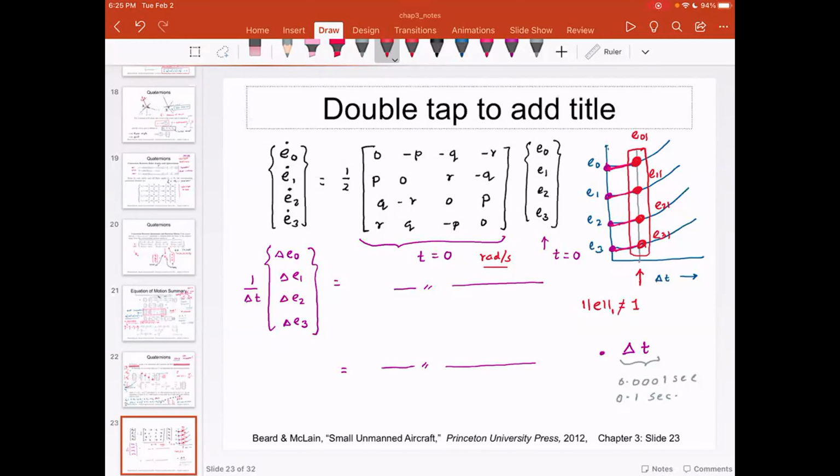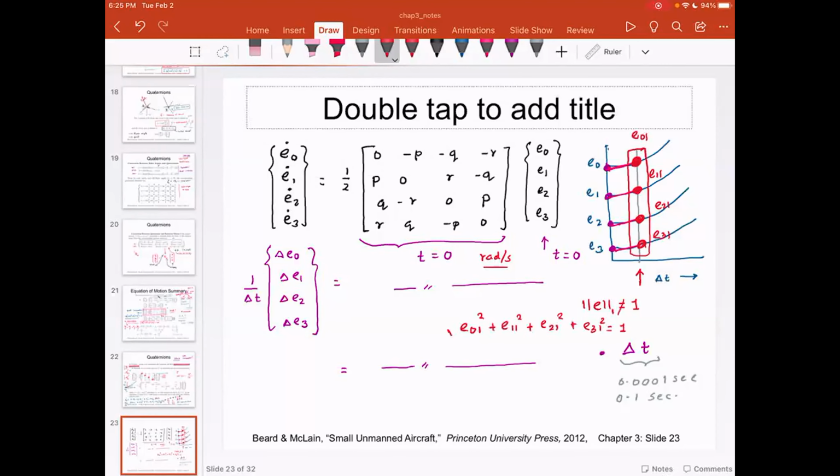So what would I do? I will find E01 squared plus E11 squared plus E21 squared plus E31 squared, and this is going to be greater than 1.